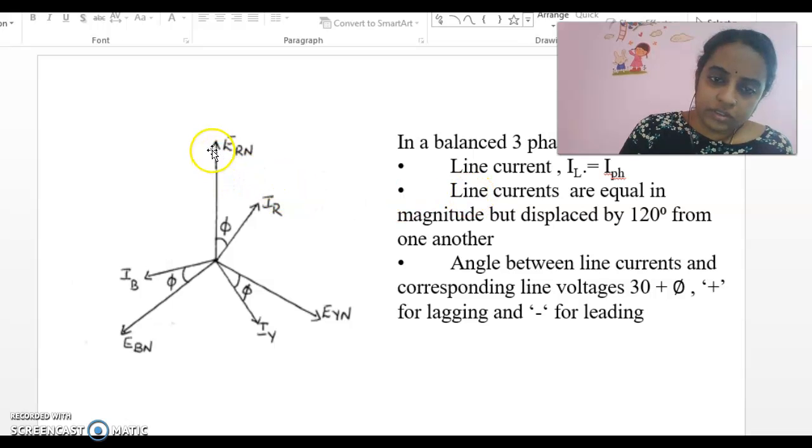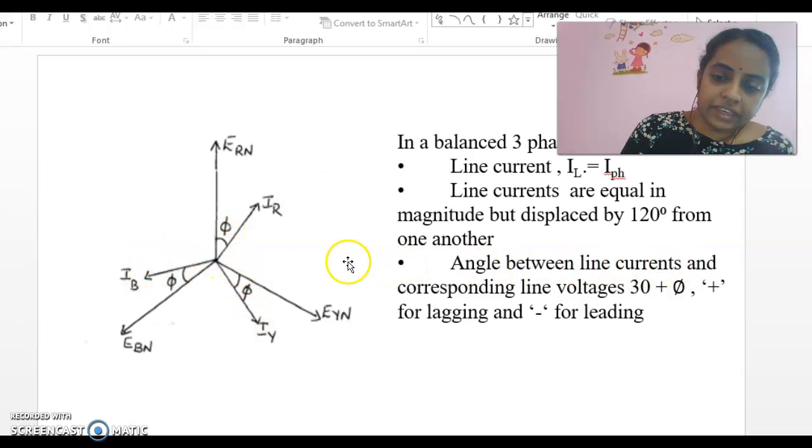Line currents are equal in magnitude but displaced 120 degrees from one another: IR, IY, IB.